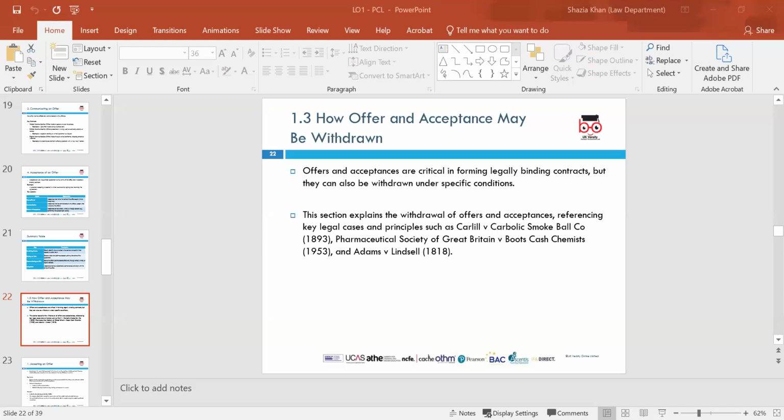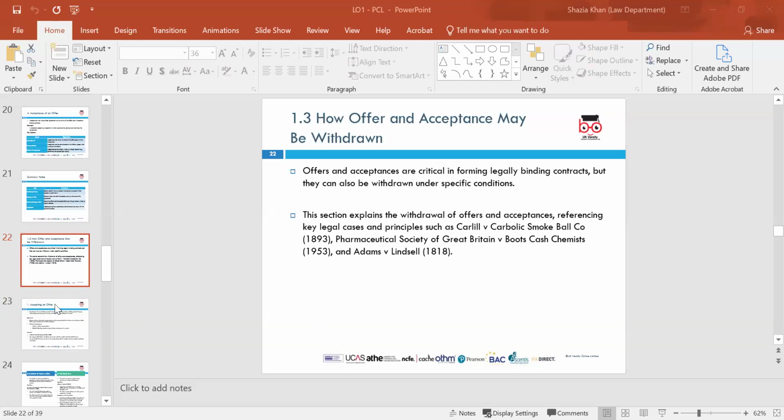Acceptance can also be withdrawn before it is communicated to the offerer, effectively rejecting the offer. And these were some of the important cases of offer and acceptance: Carlill v Carbolic Smoke Ball, 1893, the Pharmaceutical Society of Great Britain versus Boots, 1953, and Adams and Lindsell, which we'll go through later a little bit.